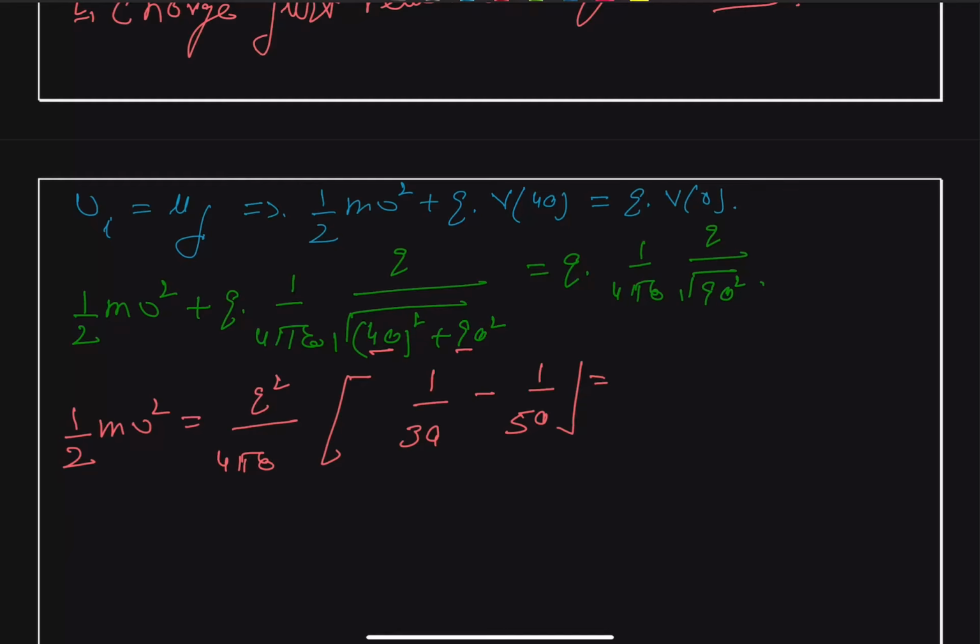And we can solve it. We get this as Q square upon 4 pi epsilon naught. LCM will be over 15a, and this will be coming as 5a minus 3a, which will be giving us 2a.